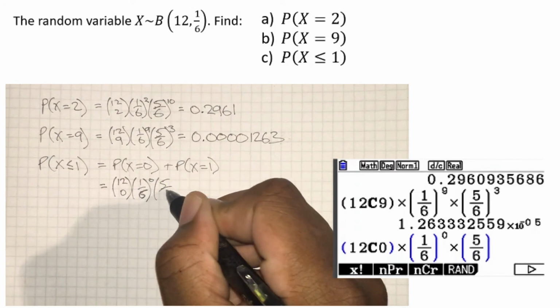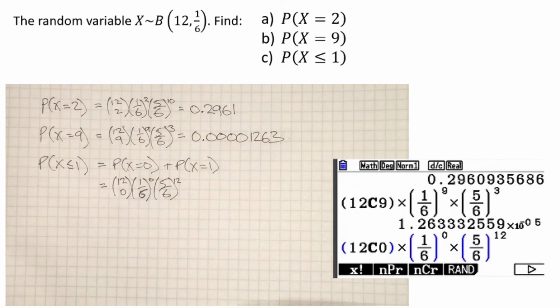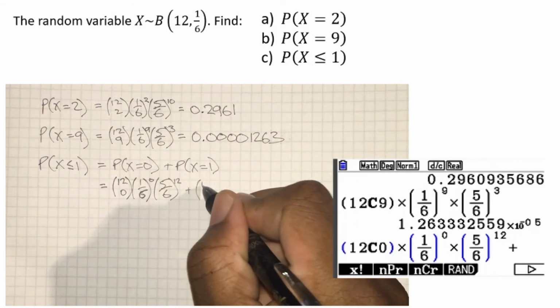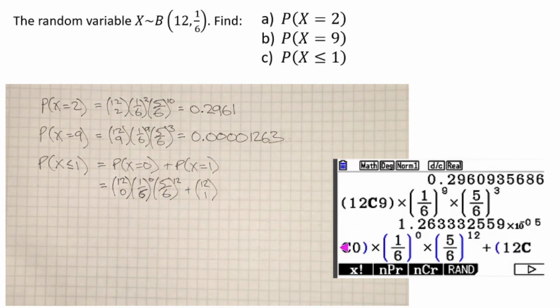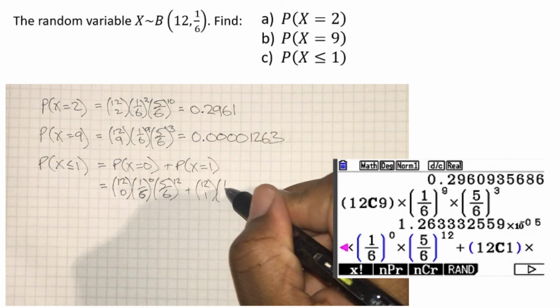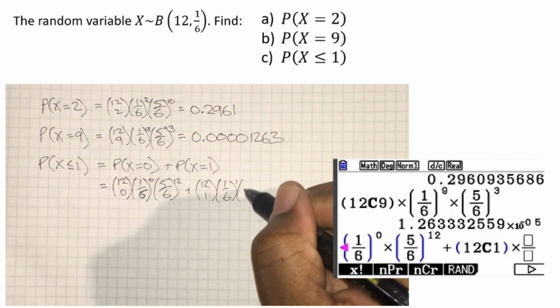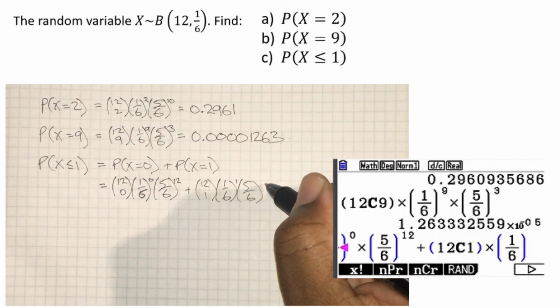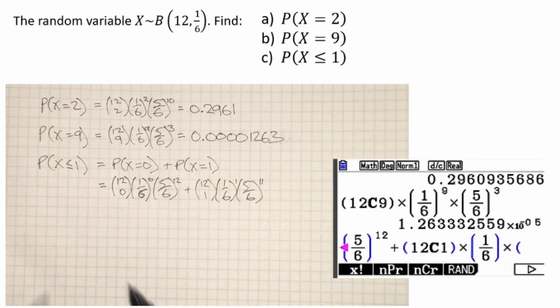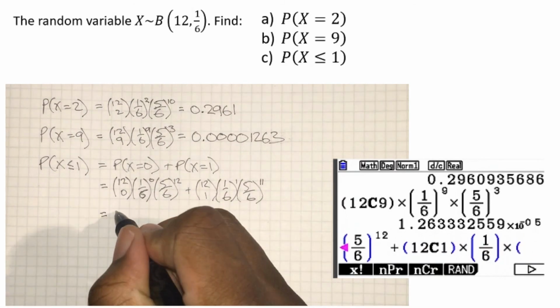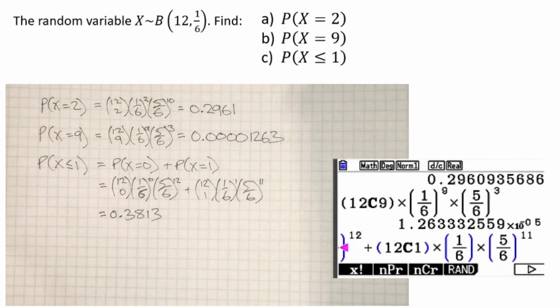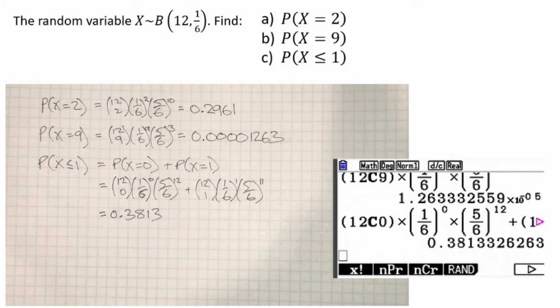I'm just going to have 12 failures. Probability that x equals 1. Well, n equals 12. R equals 1. Success to the power of 1, failure to the power of 11, add those together, 0.381. Okay, so I just want you to get fluent at being able to use your calculator to process and calculate these binomial probabilities using the binomial probability function.